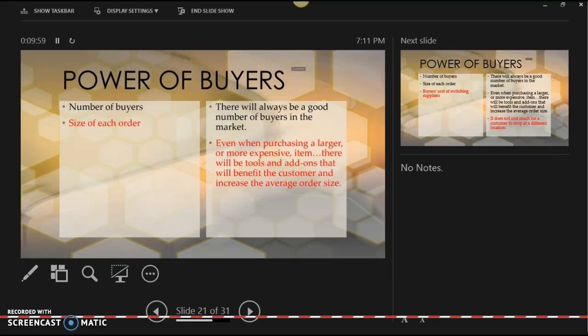Size of each order. Even when purchasing a larger or more expensive item, there will be tools and add-ons that will benefit the customer and increase the average order size. So, say for example, I love using this example of the 3D printer. If you buy the 3D printer, one of the things that you're going to need to buy with it is filament.